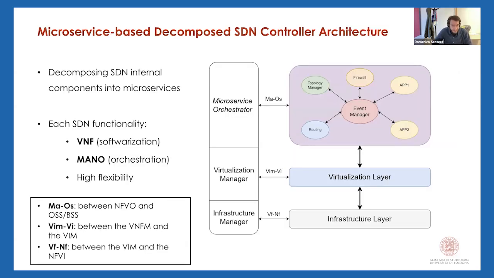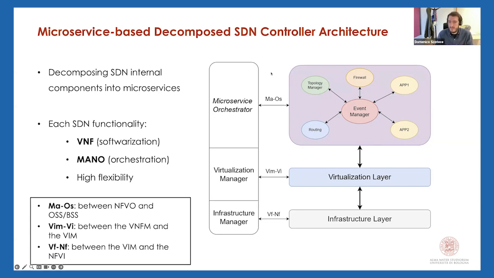Okay, this is our architecture, the architecture that we have in mind for the decomposed SDN controller, let's say the microservice-based SDN controller. As you can see, now we don't have the difference between application plane and control plane. The idea is to have multiple microservices that can act as control applications, let's say routing and topology manager.